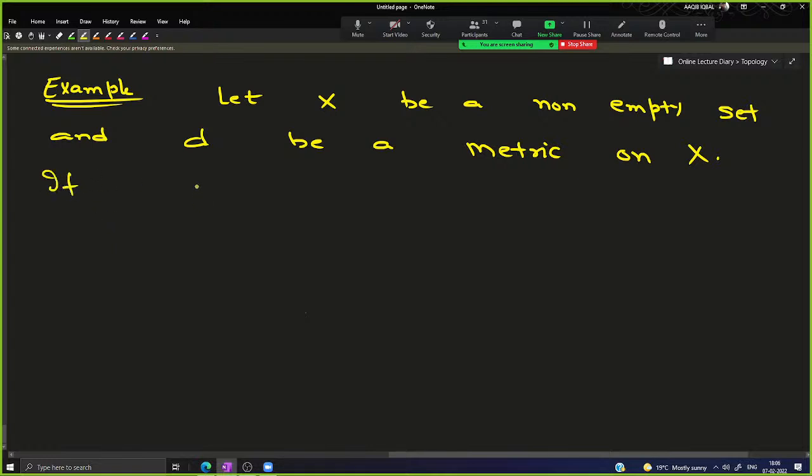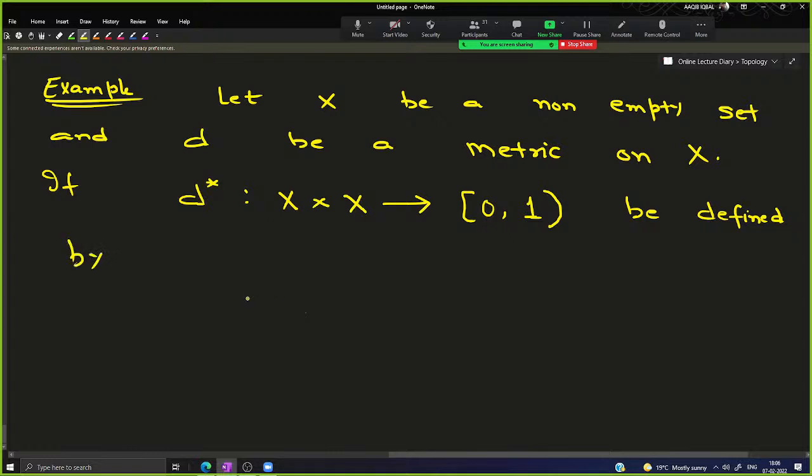If d star from X cross X to [0, 1) be defined by this thing.